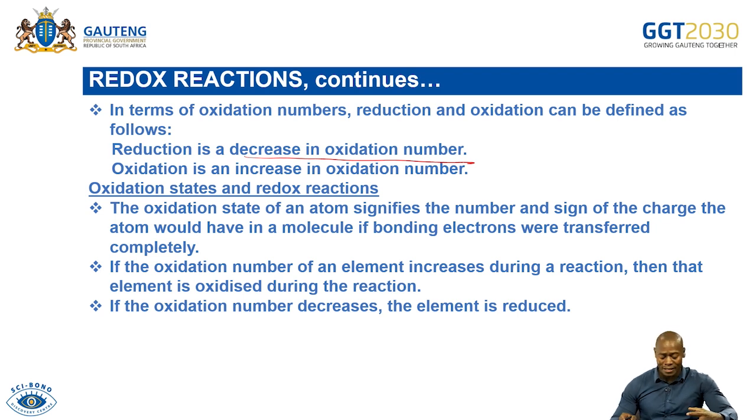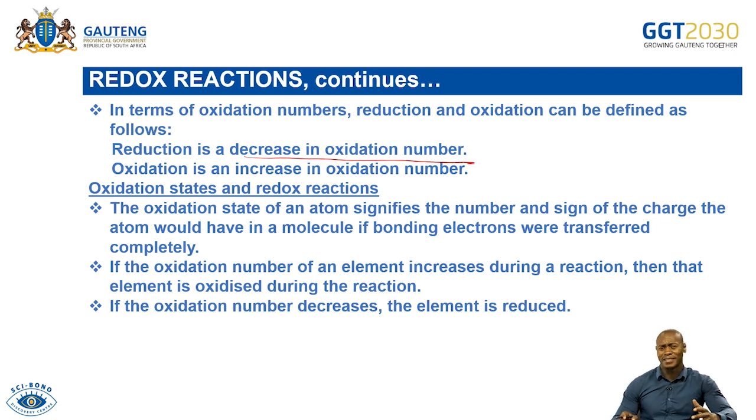So the way we have defined reduction and oxidation, we're supposed to say it's a reaction, or a half reaction, where there is a decrease in oxidation number. When you talk of oxidation, it's a reaction where electrons are lost, or a reaction where there's an increase in oxidation number.